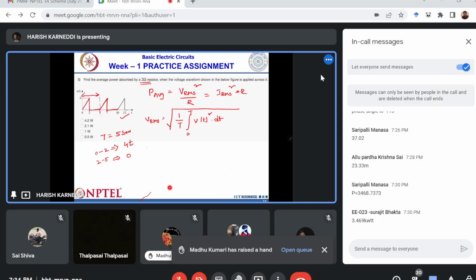Okay, this is the function. So Vrms equal to 1 by T, that is 1 by 5, integral 0 to 2, the value is 4t whole square, plus integral 2 to 5, it is 0 square into dt.